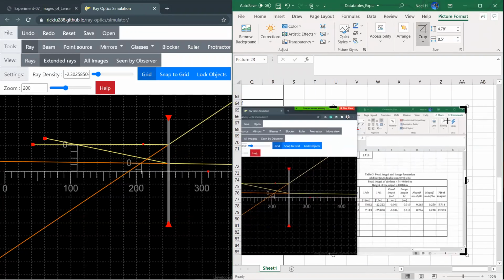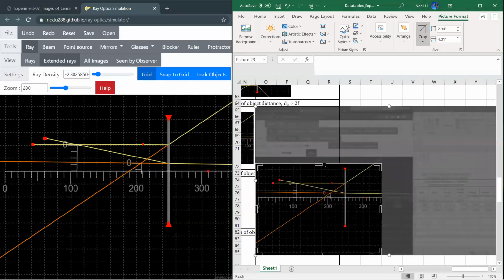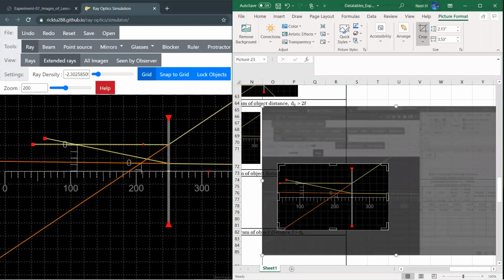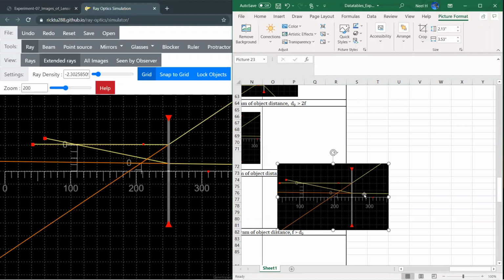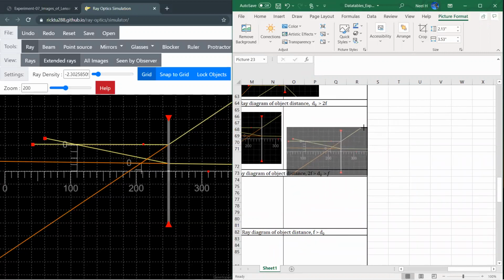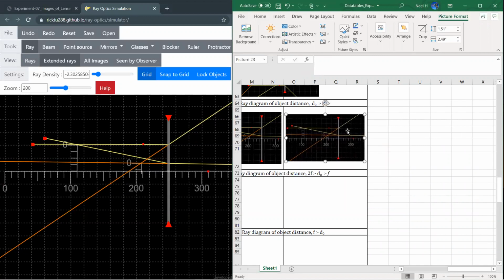There's not much difference in this diverging lens. You can see the object is always virtual and stays between the lens and the focal point location, right?